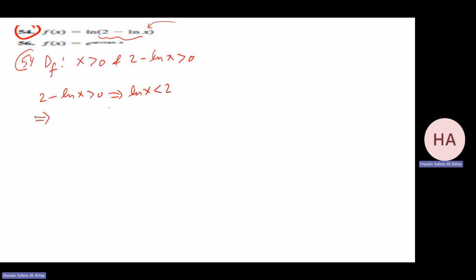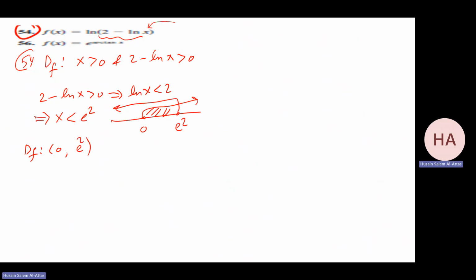Exponential is an increasing function, so I can take e. So I have x less than e squared. I know x is greater than 0 and less than e squared. So this is my domain, from 0 to e squared, open.